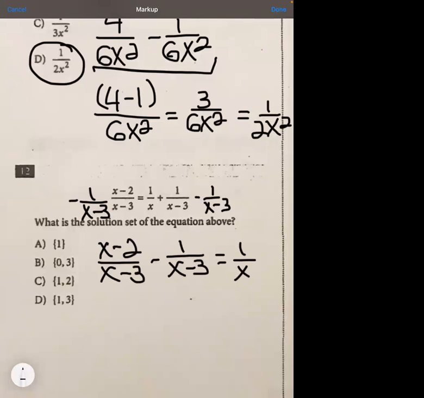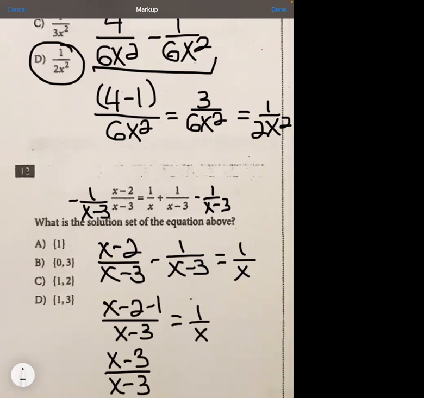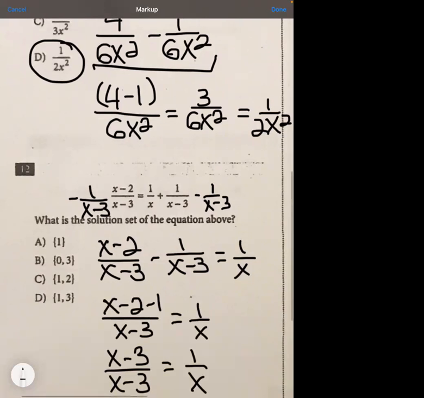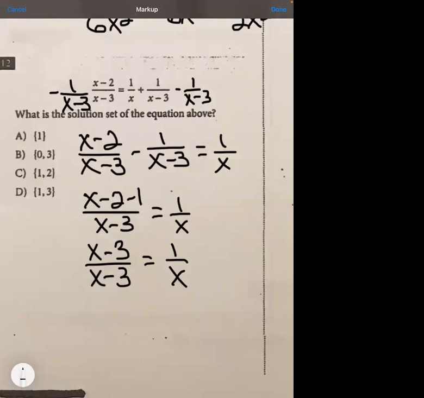And as we said before, due to the fact that the denominators are the same, we could just deal with the top and leave the denominator. We could combine the numerators. You could take the harder approach and cross multiply.